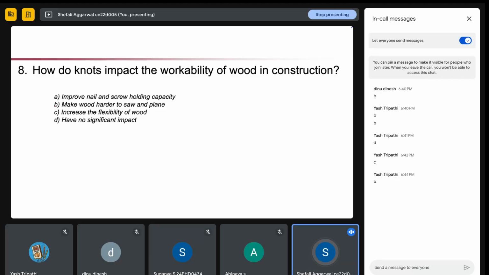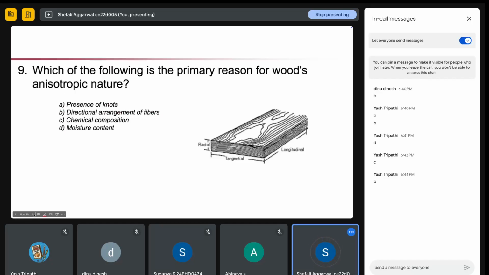B, makes the wood harder to saw and plane. Correct. So these knots will be very hard as compared to the normal wood, and it will change the shape of the annual rings also. So it will make the wood very hard to saw and to plane from that point of knot.